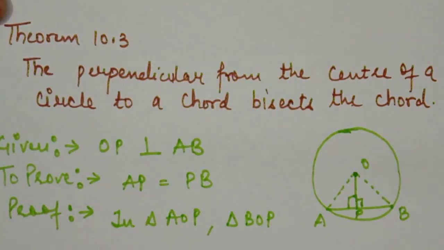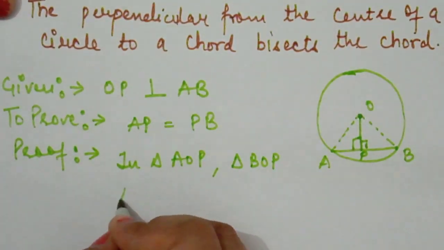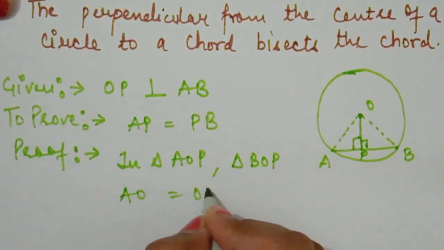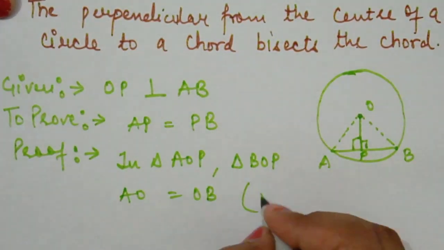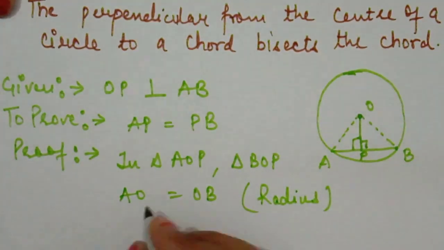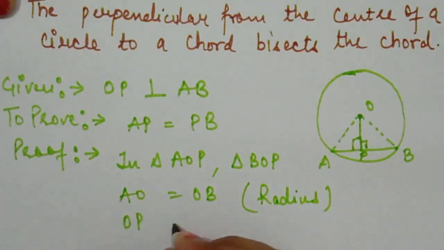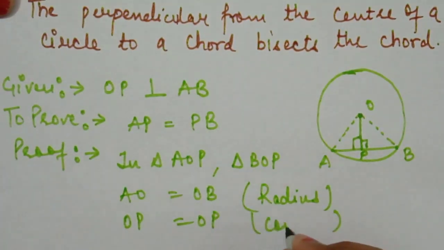The first element we need: AO is equal to OB. Why? We have to write the reason here also: radius of the same circle. Now OP is equal to OP. Why? Common.